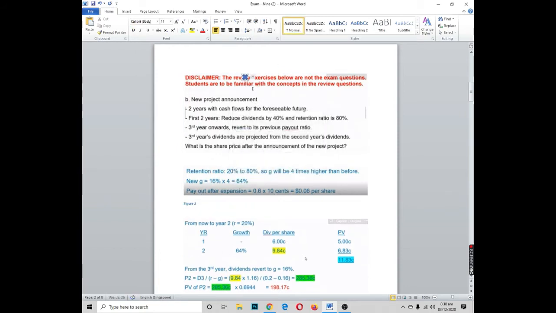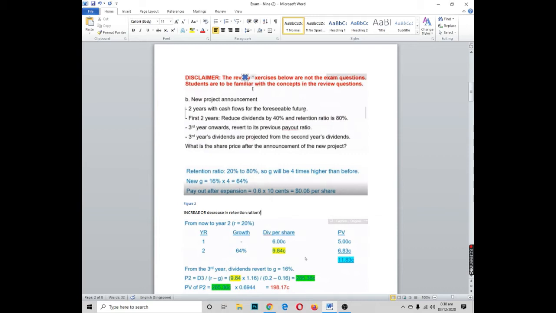First we will find the increase or decrease in retention ratio, either increase or decrease.